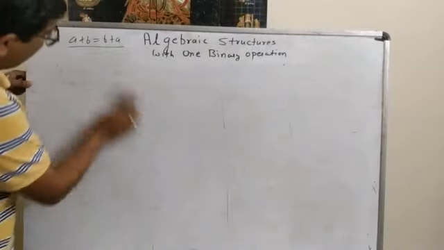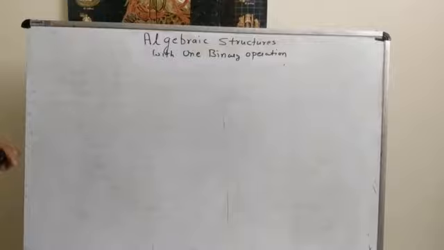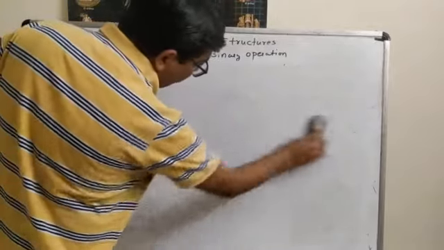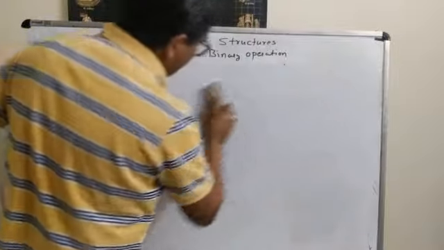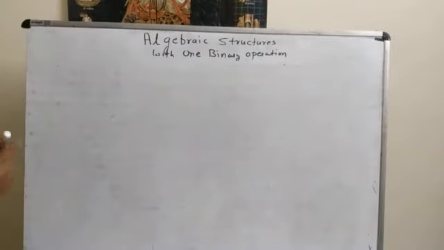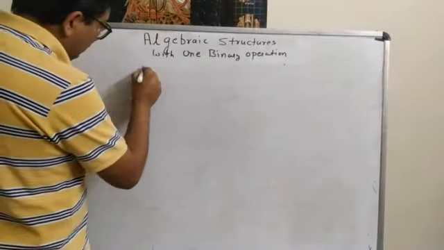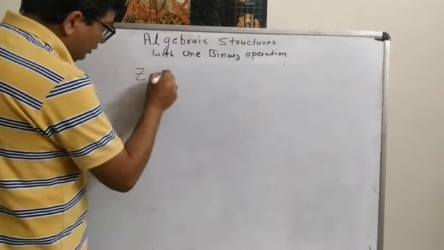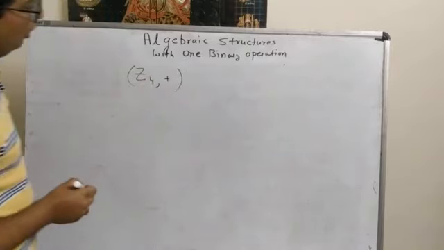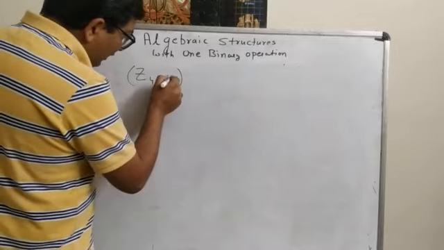These are integers and modulus. First of all, let us consider Z4 with plus, and I am putting a round circle on this plus sign.